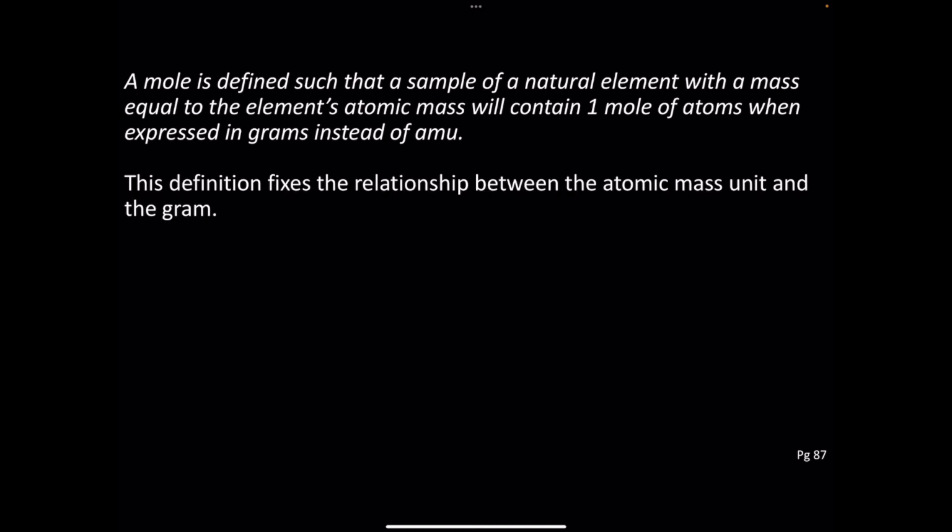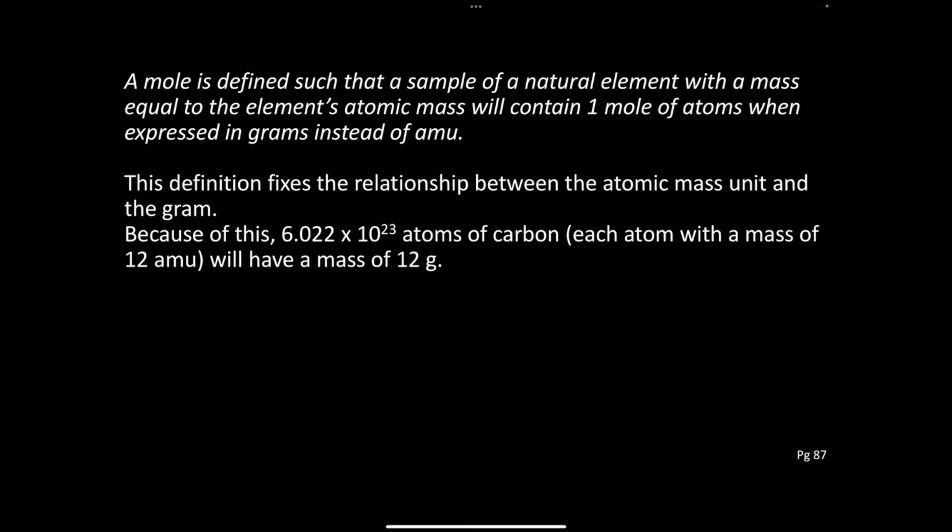That definition fixes the relationship between the atomic mass unit and the gram. They're basically interchangeable. When we're talking about 1 atom of carbon, we're talking about 12.01 atomic mass units. When we're talking about 1 mole of carbon atoms, we are talking about 12.01 grams of carbon atoms. So that's the idea here.